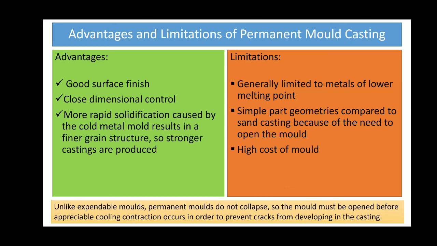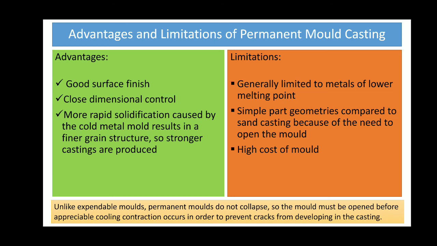Once the permanent mold is damaged it is useless, because the next run will not give a proper product, and since it is made of metal, replacement is difficult. Similarly, part geometries are simple compared to sand casting, because we have to provide opening and closing, so we cannot go for very intricate details, but generally for simple geometries that can easily be made in two halves.